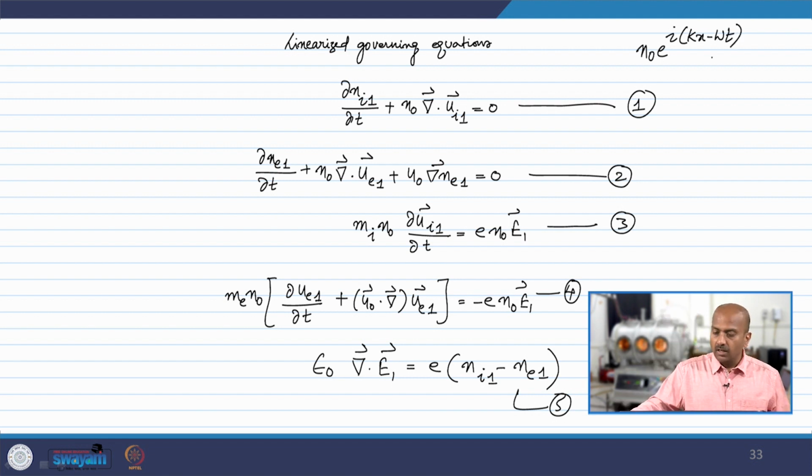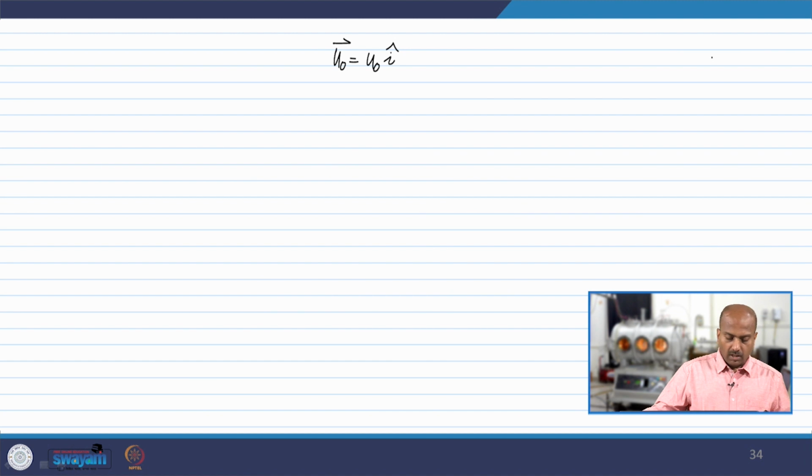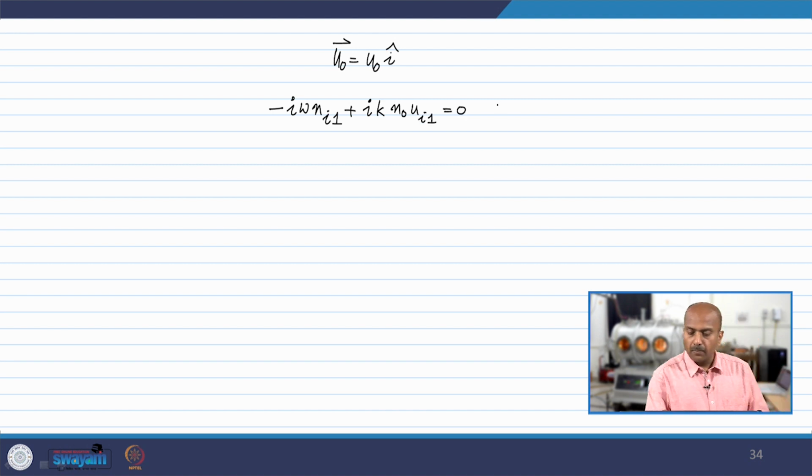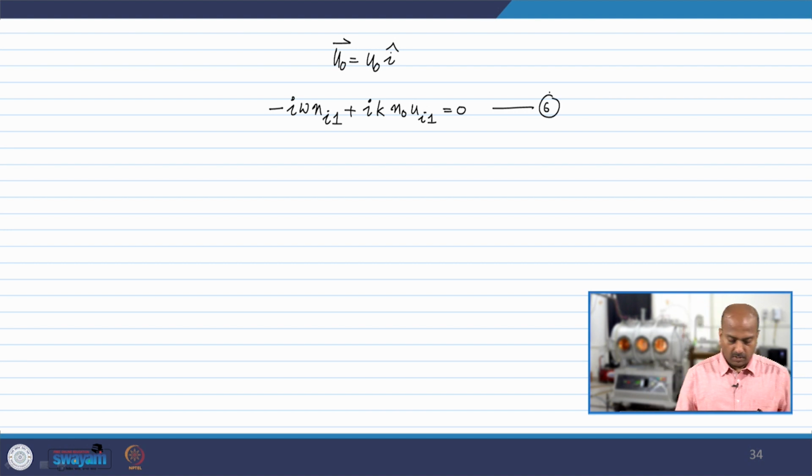Substitute that back into these equations, and you will get the linearized equations, which are: −iω n_I1 + ik n_0 u_I1 = 0. We will call this equation number 6.